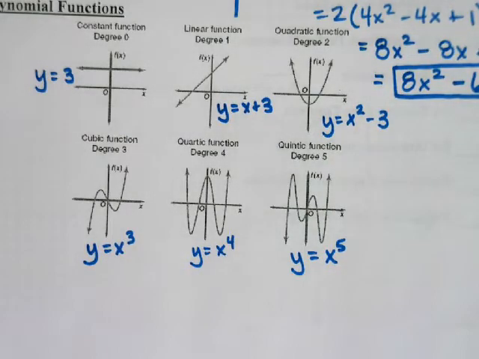How many times do they cross the x-axis? The same amount as their degree, right? And what happens when it crosses the x-axis? Say it again, David. It could be.